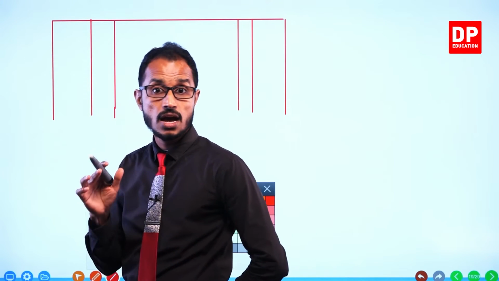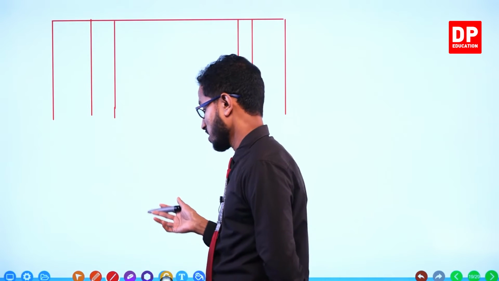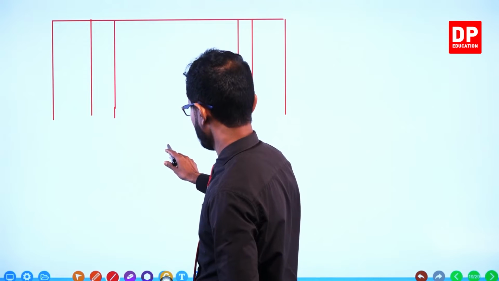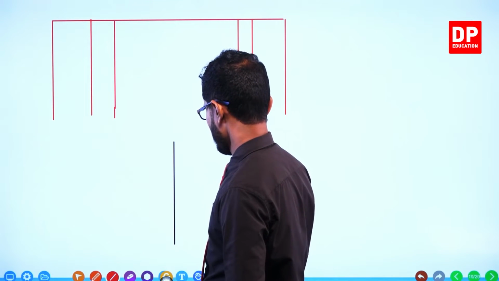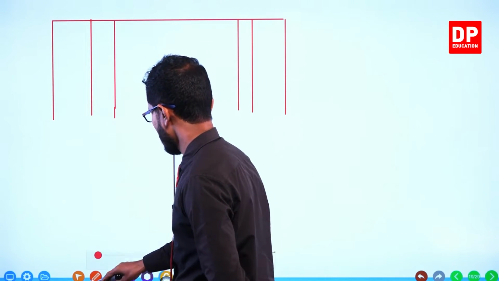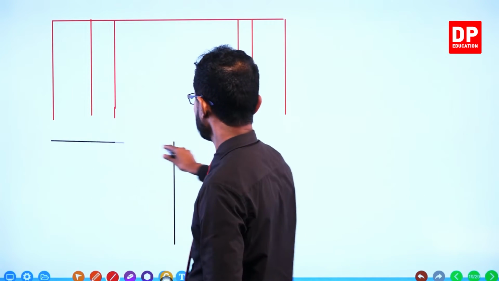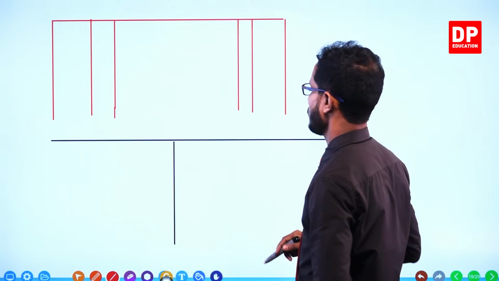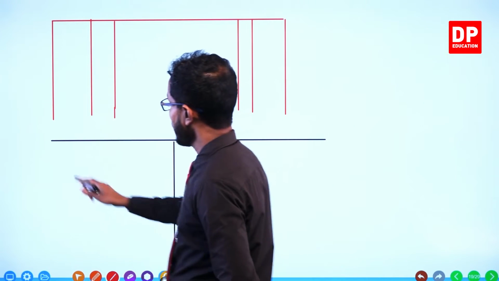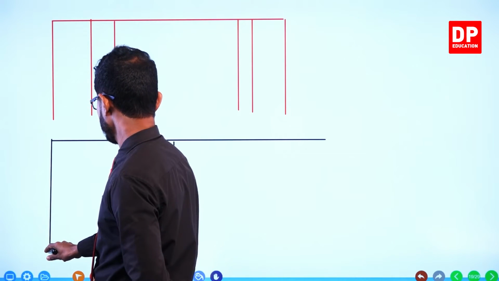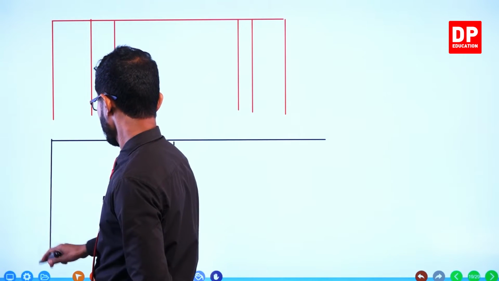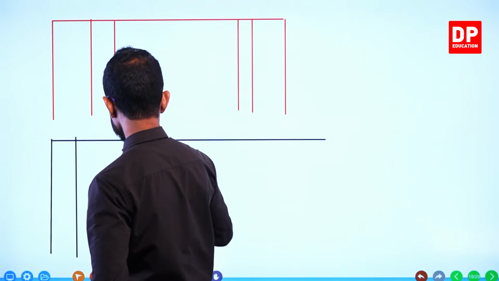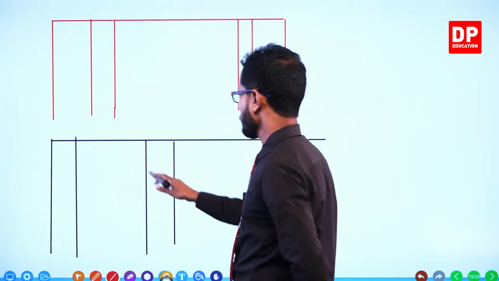Now draw the ledger account. The sales account is the ledger account. We'll draw it on the same page, same slide. First, I'm going to draw the T format, which is the easy way. Then I will divide the columns: date column, description column, amount column.